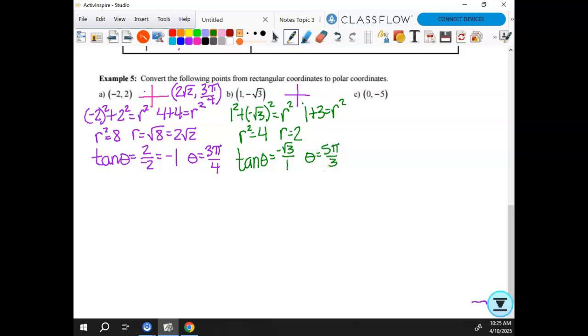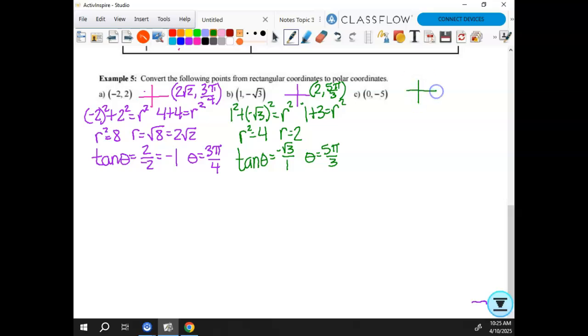So that means that my answer for this one is 2, 5 pi thirds. And if I think about it on a polar coordinate system, I'd go out to a radius of 2, rotate around to 5 pi thirds. That seems like a decent answer.